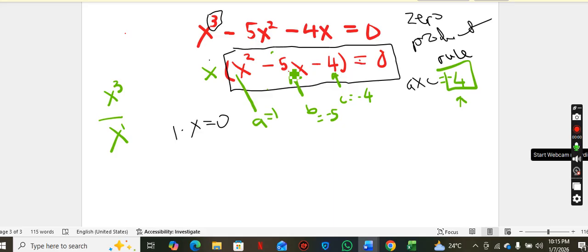Now I already tried this question. You won't be able to find those factors. You can try: if you use -1 and +4, 1 times -4 gives you -4, but 1 plus -4 doesn't give you -5.